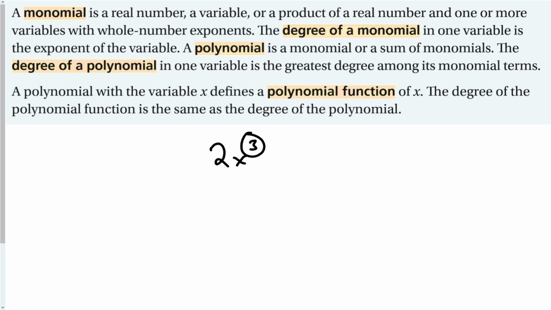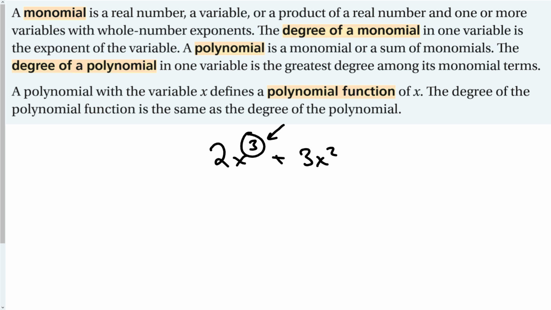If we have more than one term, then we can call this a polynomial, and we have special names for different types of polynomials that we do in the next page. So a polynomial is a monomial or a sum of monomials, and the degree of a polynomial is still 3. It's still the biggest exponent, the greatest degree among its monomial terms.